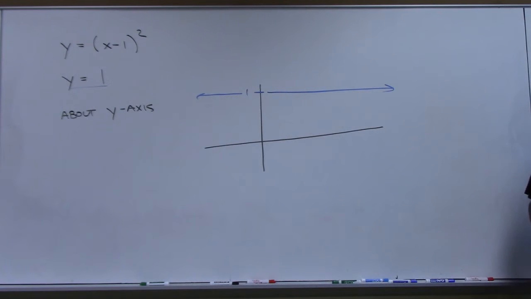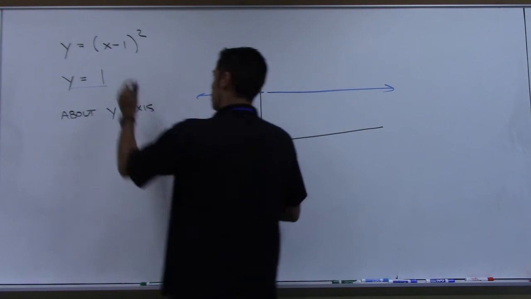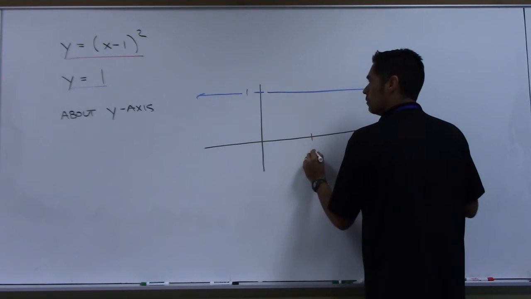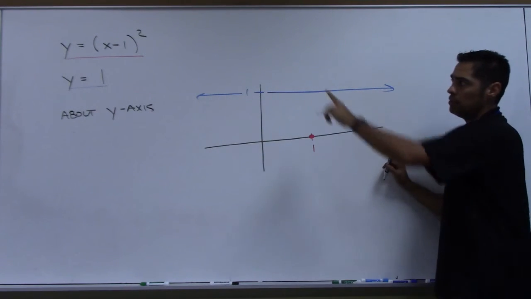What does x minus 1 squared look like? Parabola, right? Where's the x-intercept? Where does that thing hit the x-axis? At 1? What is the value of that at 0?